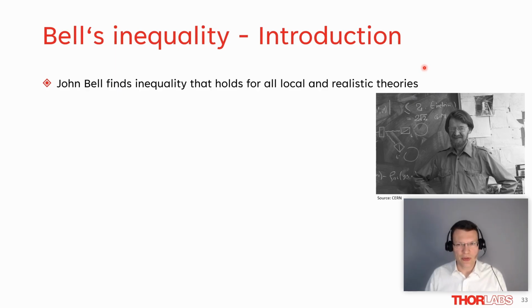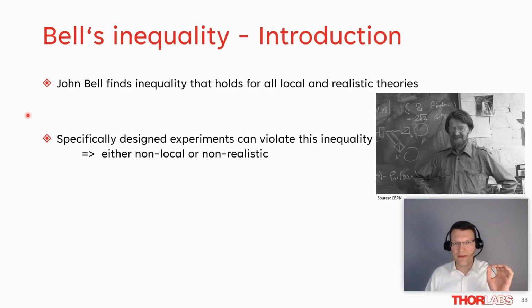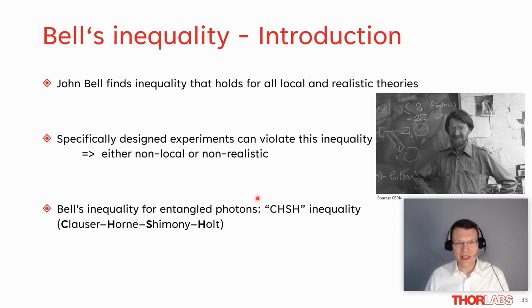It sounds very abstract, and it kind of is, but the point is he was able to write down an inequality, and people knew that once I have designed an experiment that violates this inequality, I've basically proven Einstein wrong, because either the system is non-local or non-realistic. And again, it took a while until people were able to do that, and famously, entangled photons were the first systems that showed this violation.